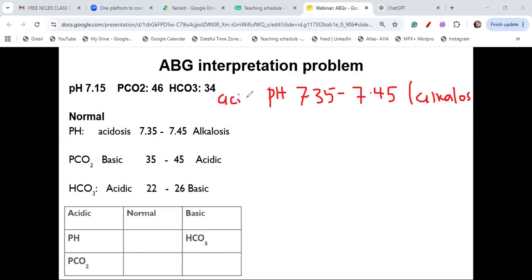This is acidic. And then CO2, 35 to 45. This is acidic. This is basic.